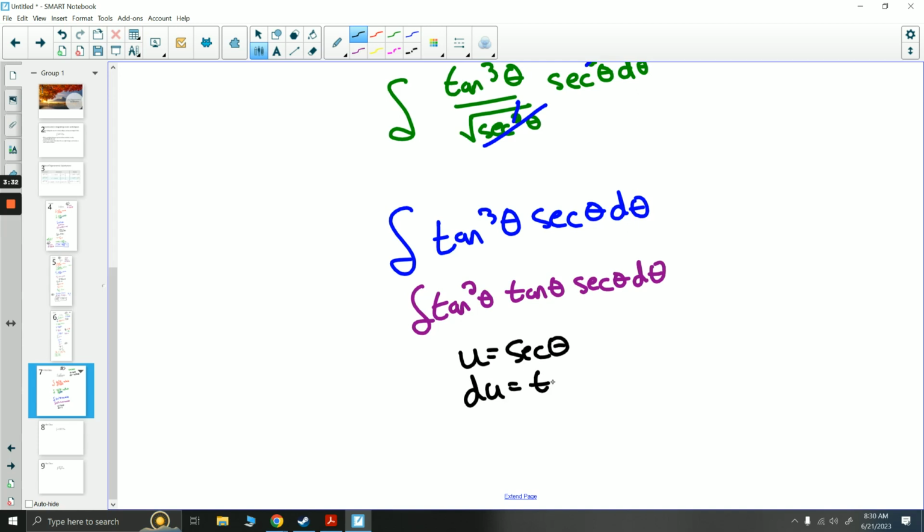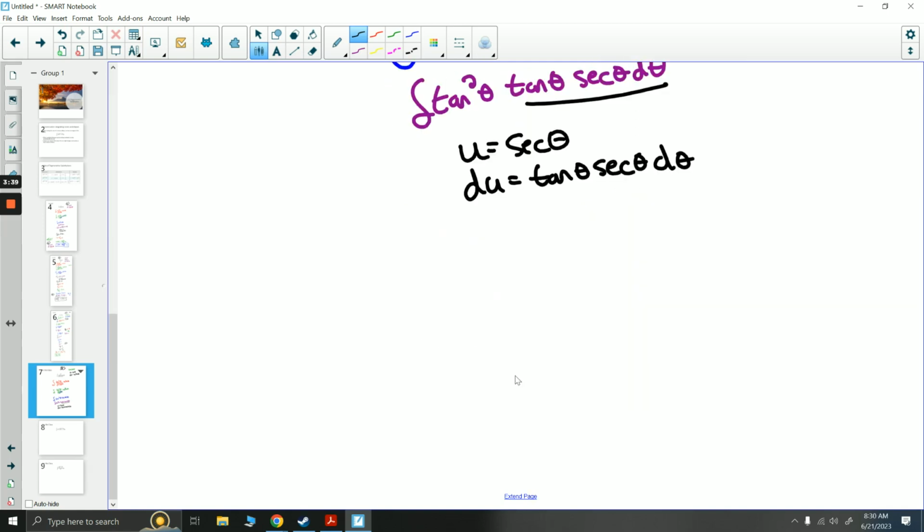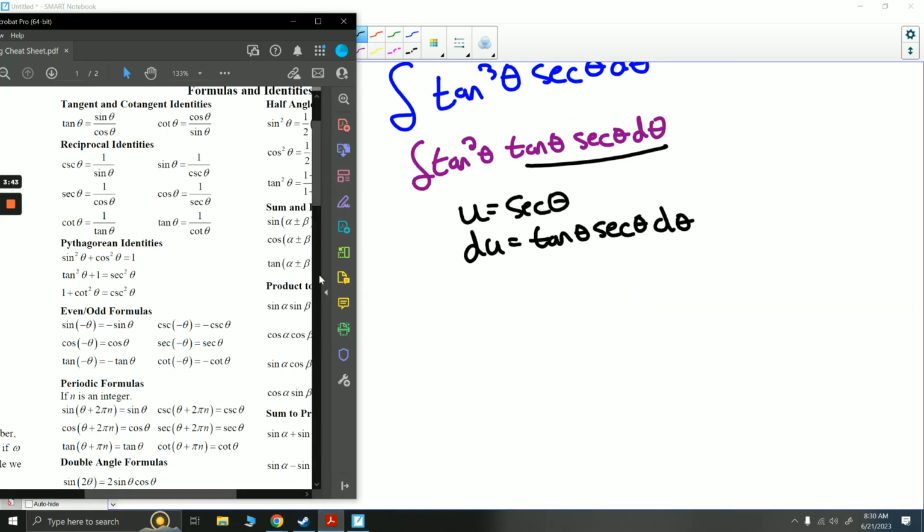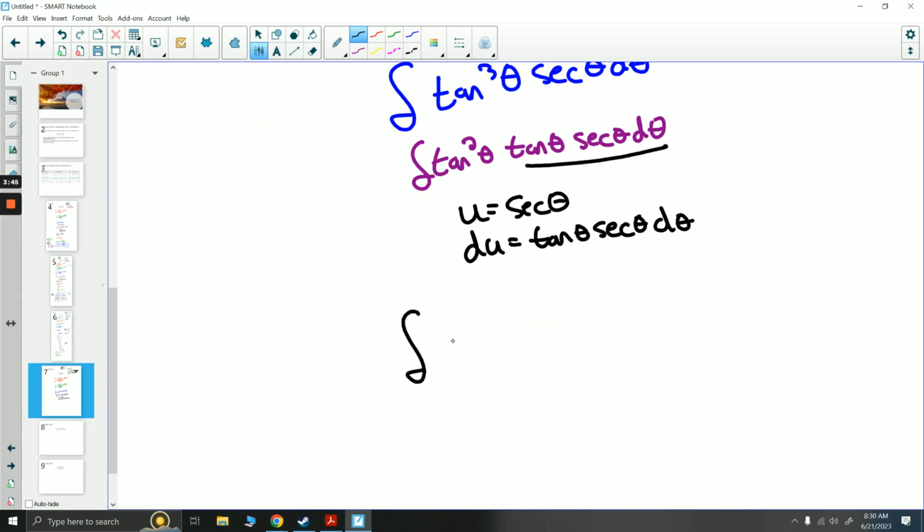Du then would be tangent theta secant theta d theta. We have that. And we're going to replace our tangent squared again. Tangent squared is secant squared minus 1. So we have the integral of secant squared theta minus 1. That's our tangent squared. Our tangent secant d theta is du.